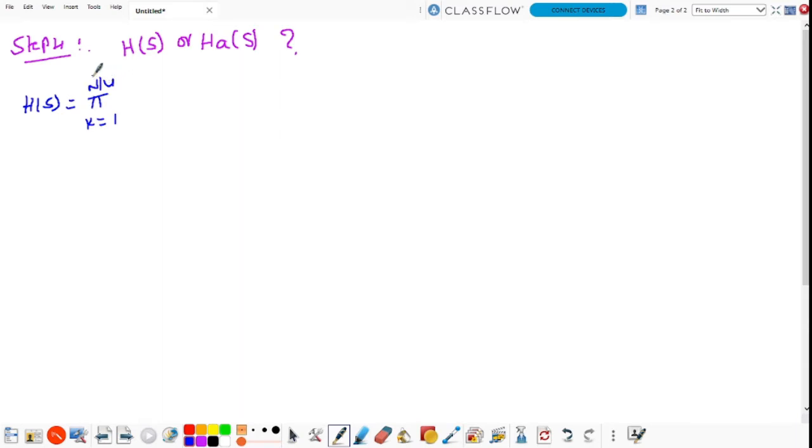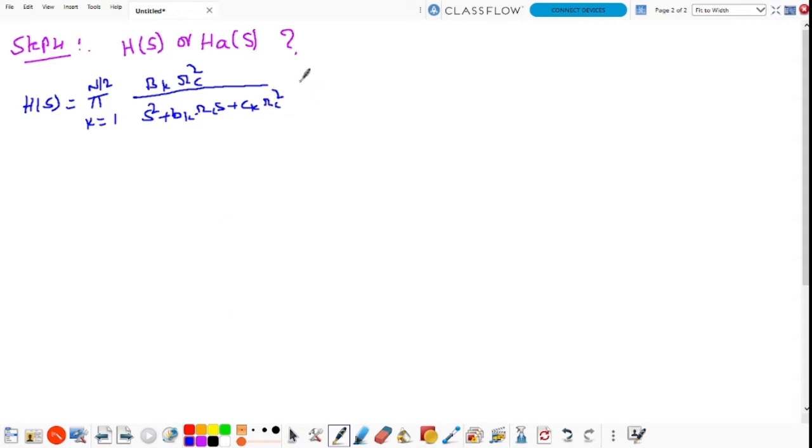So the expression of the analog filter is H of s is equal to the product of k equal to 1 to N by 2 of B suffix k omega c square by s square plus small bk omega c s plus ck omega c square. So this is the equation of the analog filter system function.